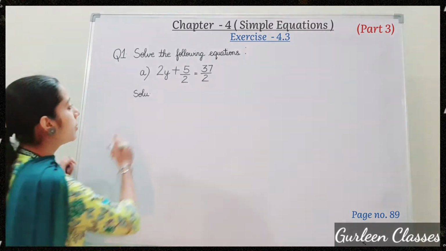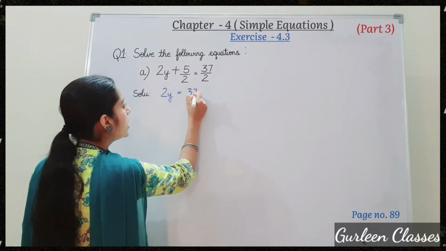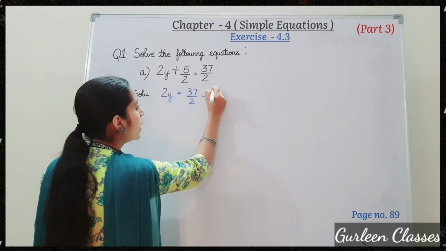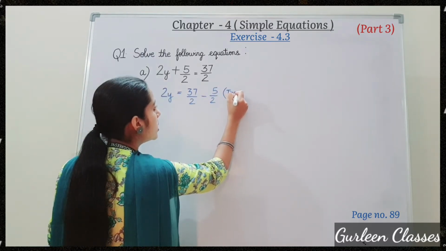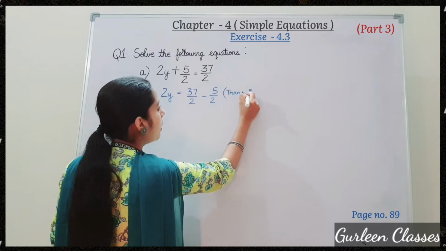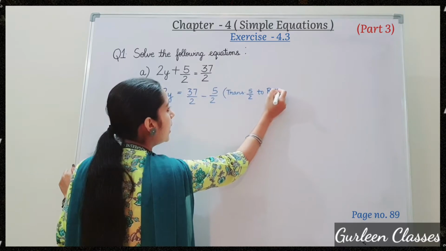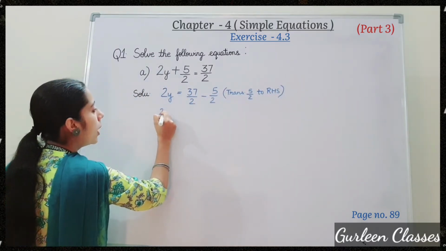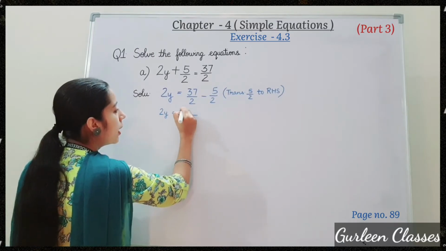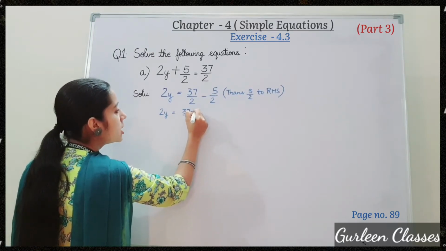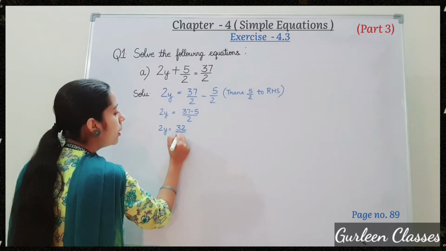So 2y is equal to 37 upon 2 minus 5 upon 2, transposing 5 upon 2 to RHS. Then 2y is equal to, the denominator is 2 and the numerator is 37 minus 5, so 2y is equal to 32 upon 2.